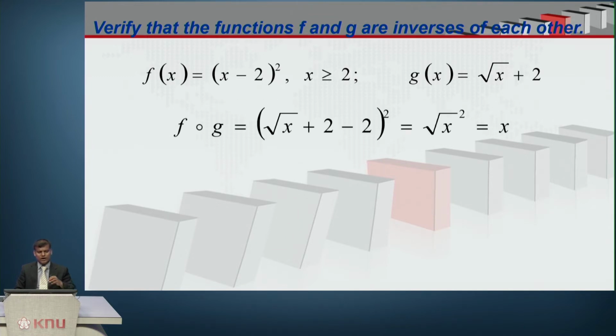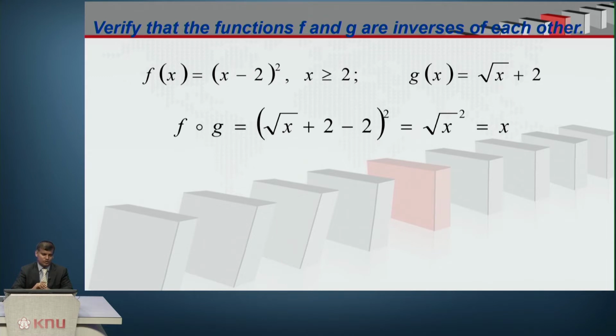And suppose you have f composition of g. We haven't seen this yet, but in the next lecture we will deal with that. For the time being, I just want to tell you briefly what it is.